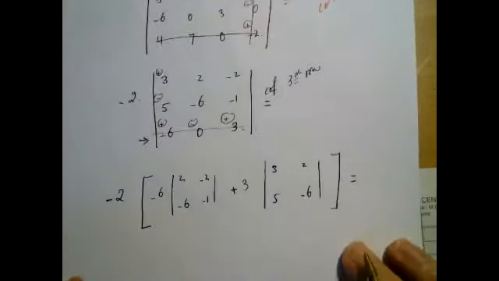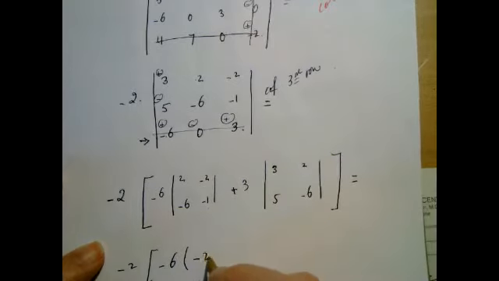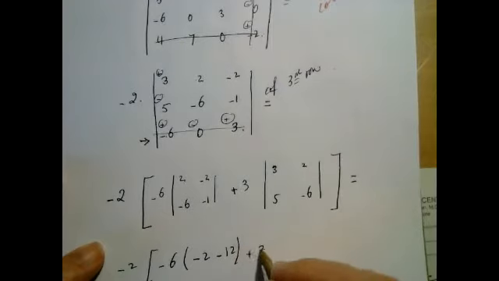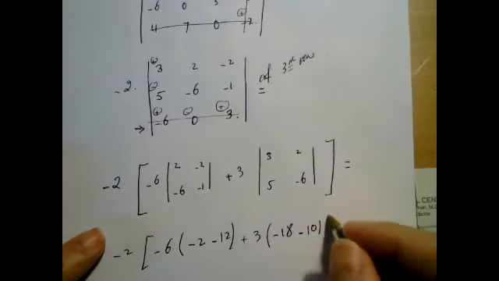Okay. And now I compute this. Let me see if I do it quickly as much as I can. Minus 2, and that's going to give me minus 12, I think, plus 3 times minus 18, and minus 10. Please make sure.